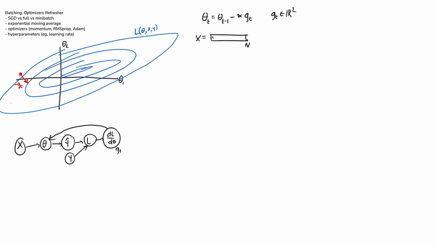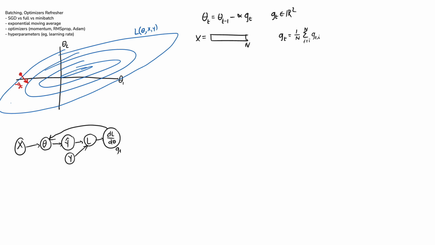Now if we were to pass the full data set, all n data points through, we could compute our gradient at time step t as the average over i equals 1 to n of g_t^i.